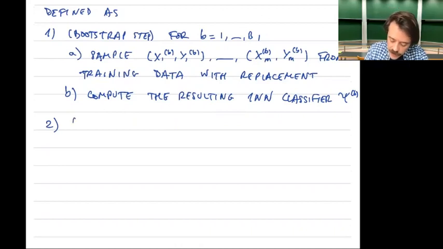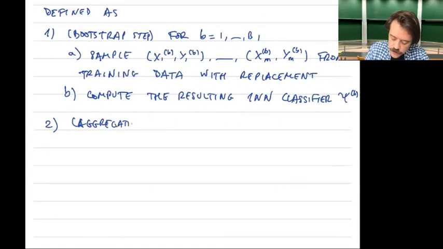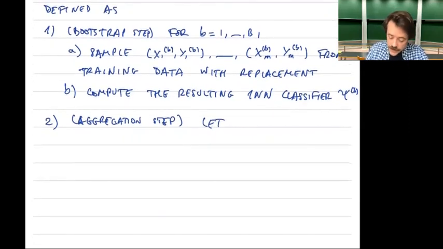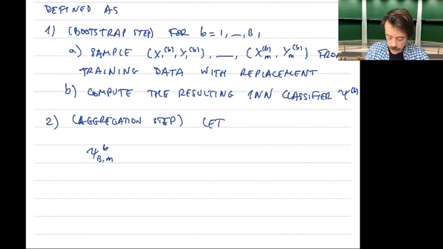And then the aggregation step, which says to define the bagged classifier as follows. This lowercase b is not the previous lowercase b, but rather it stands for bagged.